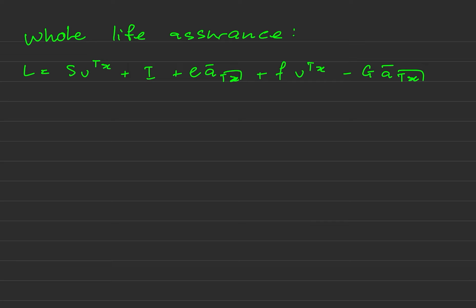And then this is my terminal expense. It has the exact same discount factor as my sum assured, the benefit that gets paid to the policyholder. Why? Because I incur this expense at the same time that they die, which is the same time that I must pay out the sum assured.